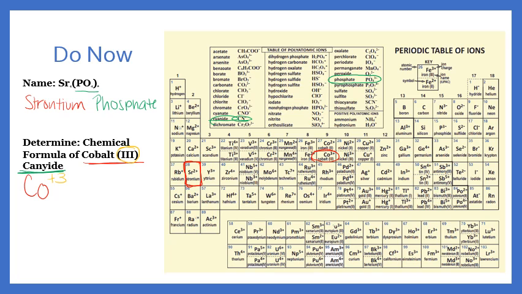Cyanide is CN, and it takes a -1 charge. Okay, so we crisscross our charges. So the 1 comes down to the base of the cobalt. The 3 comes down to the bottom of the cyanide.